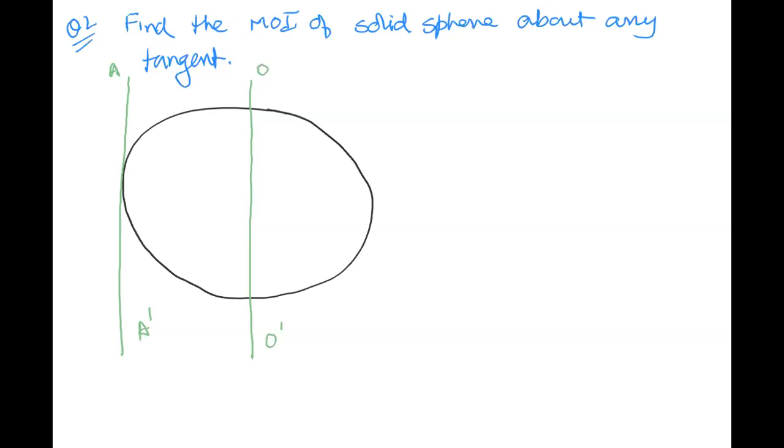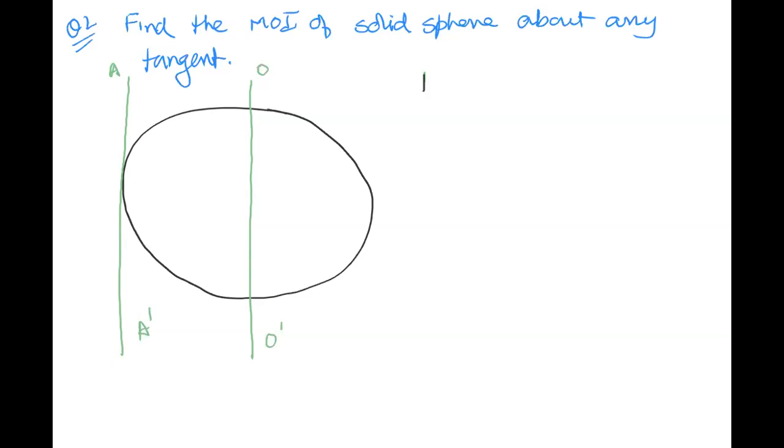But before that I must make sure that not only are the two axes parallel to each other, but one of the axes is passing through center of mass. So one is passing through center of mass, and I also know the distance between the two axes.